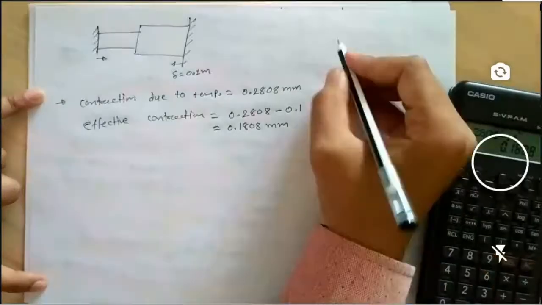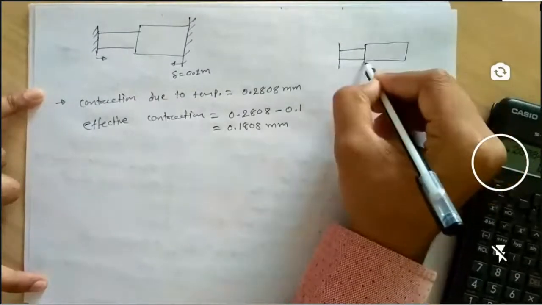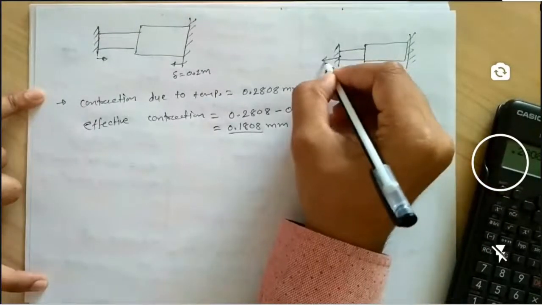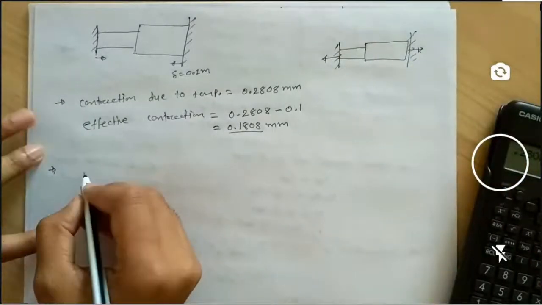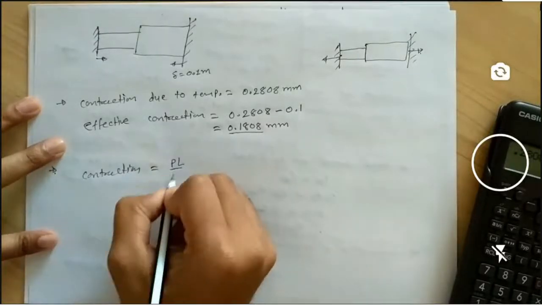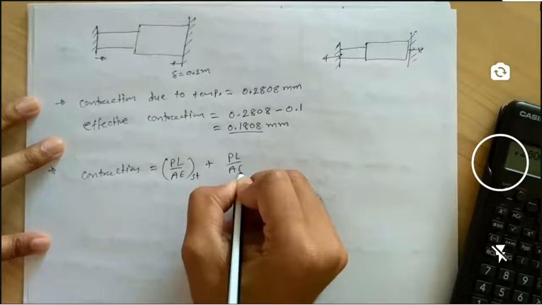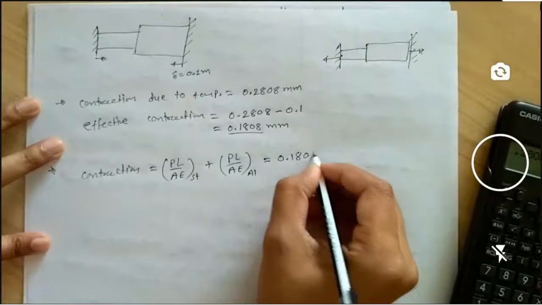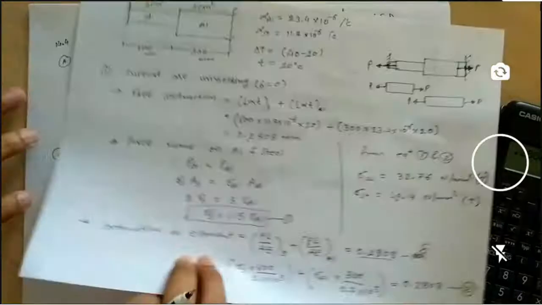Now the support will try to pull this element and extend its length by 0.18 mm. So the contraction is PL by A of steel plus PL by A of aluminum, equal to 0.1808 mm. Repeat the calculations again this way.